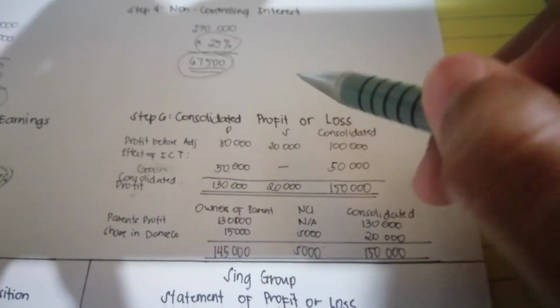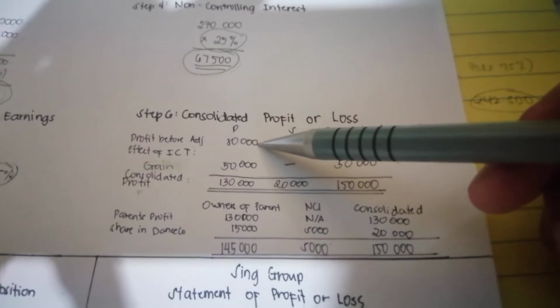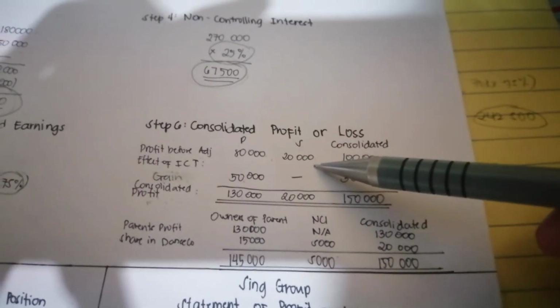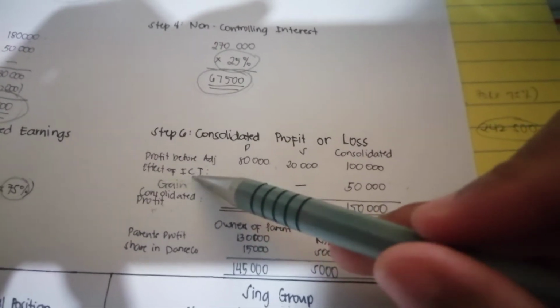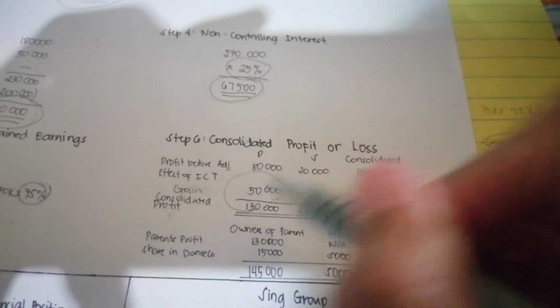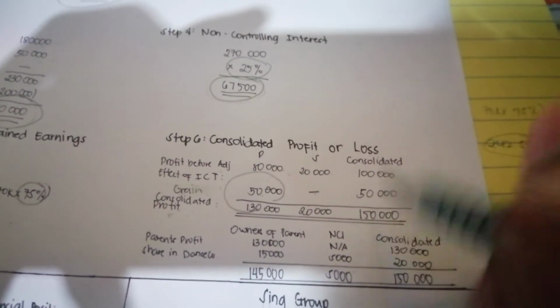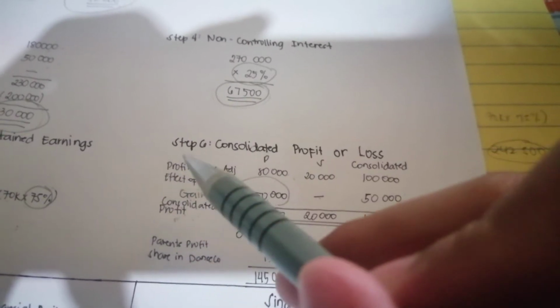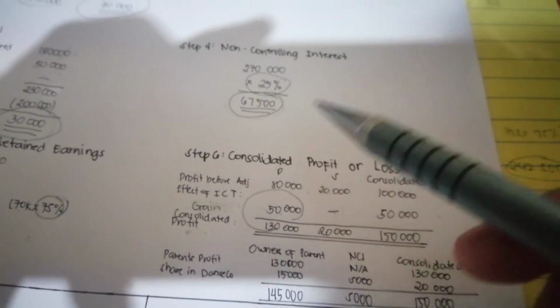Profit before adjustment: parent 80,000, subsidiary 20,000, consolidated 100,000. Effect of intercompany transaction, gain 50,000 to parent only, subsidiary none, consolidated 50,000. I skipped the depreciation and fair value adjustment since there is no fair value adjustment as stated in the problem.